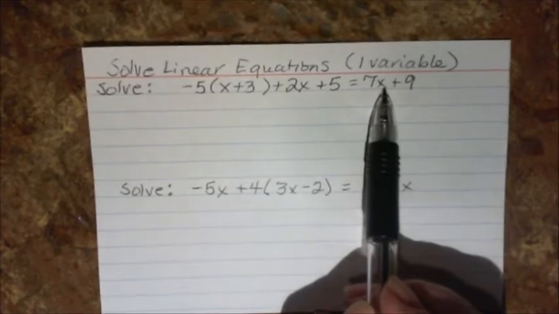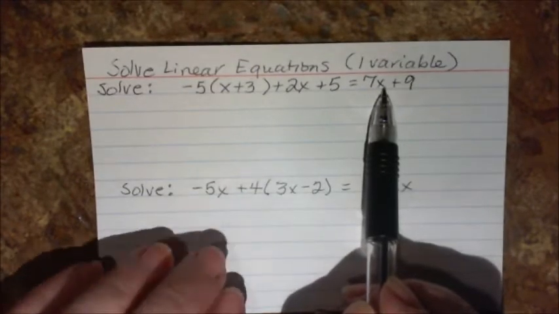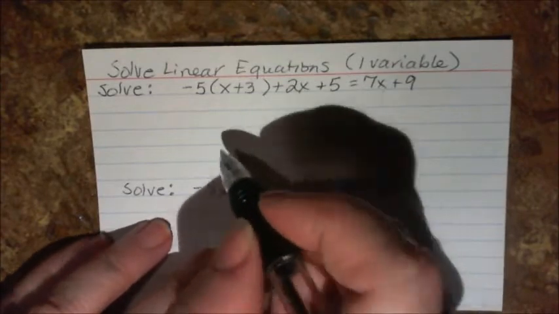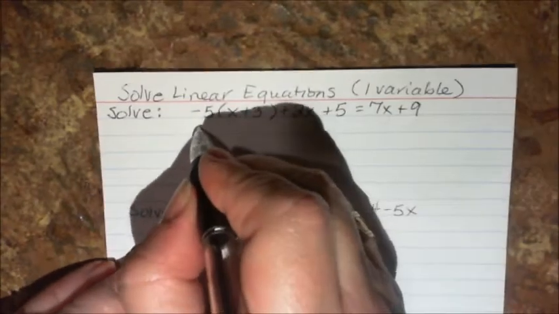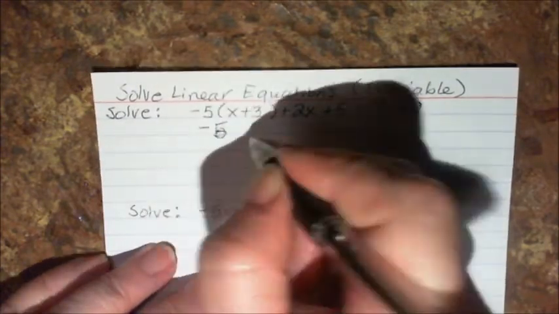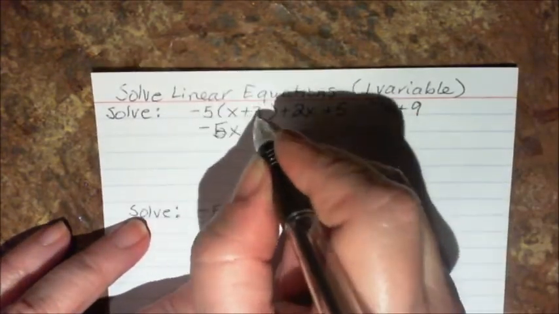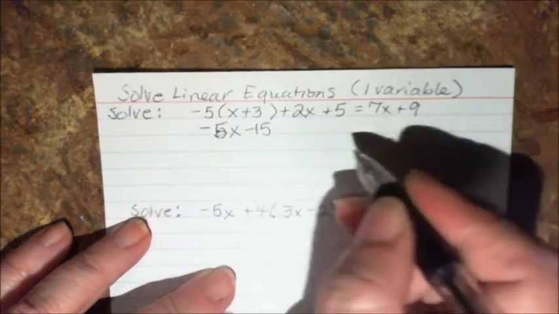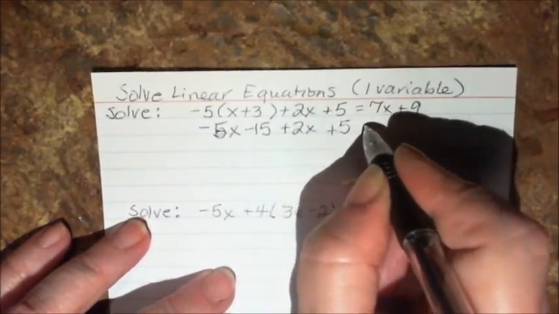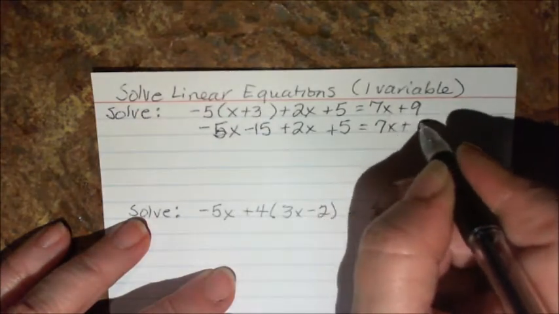So our goal is to get the x by itself on one side, so this is how we proceed. First, to clear the parentheses, we need to distribute. Negative 5x, negative 15. Continue with plus 2x plus 5 is equal to 7x plus 9.